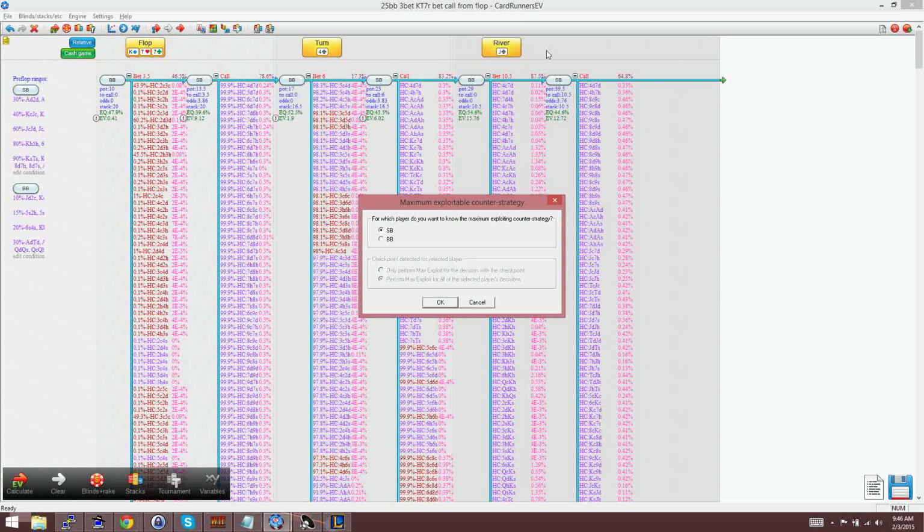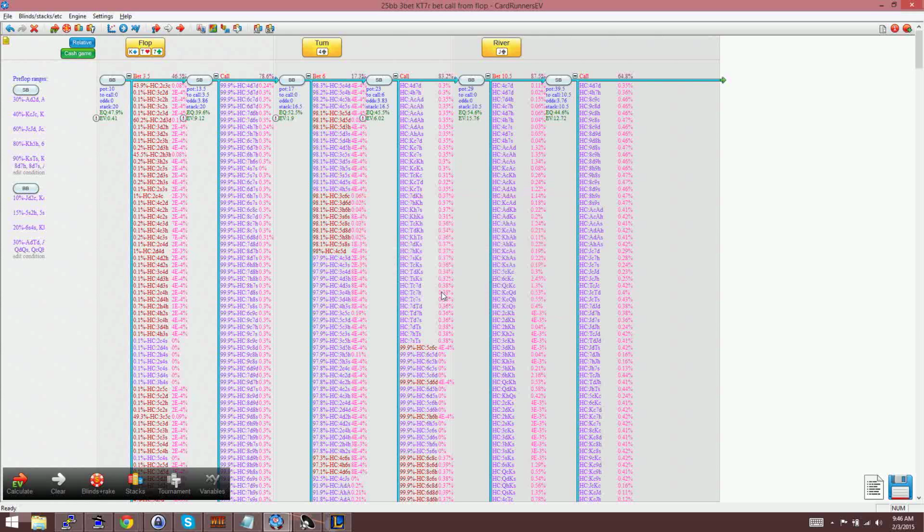Obviously, if we're maximally exploited from the small blind, the big blind's EV can't possibly go up. It can only go down. So our hope is that it stays the same or goes down just a bit. And when we're running this with this fixed turn card, fixed river card, this is actually a calculation CREV can handle reasonably.